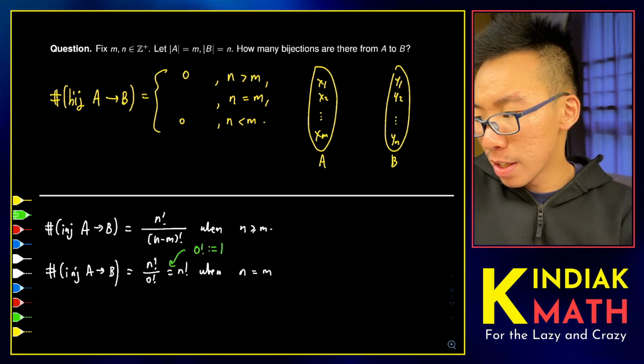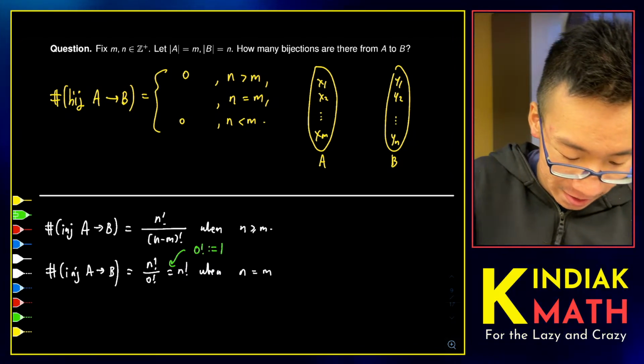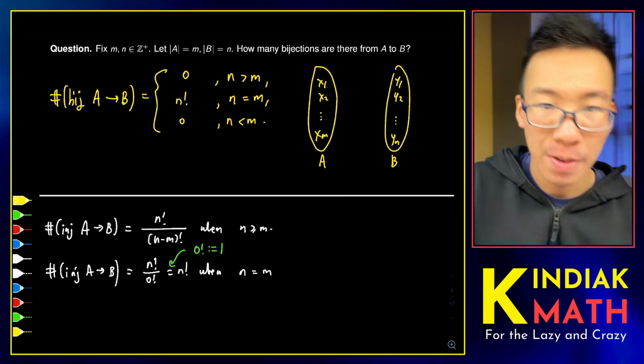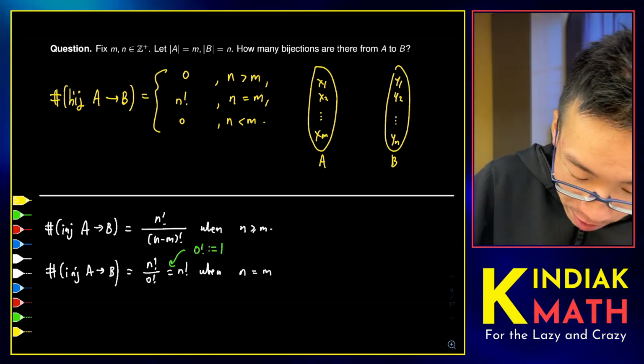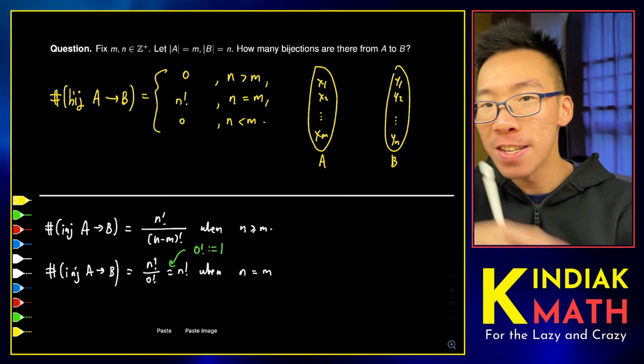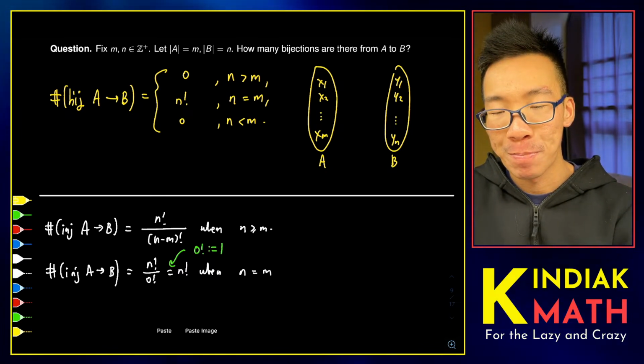Wouldn't it be nice if that is the answer? In order to do this, we need to check that the number of injections is the number of bijections.